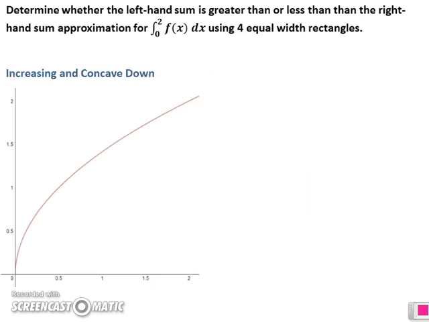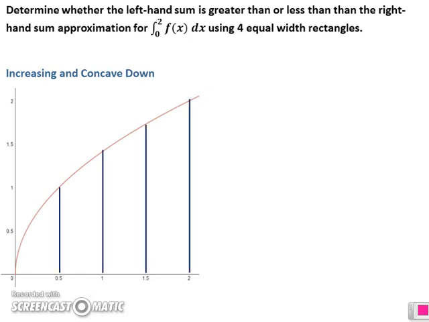Let's do another one. Another increasing, but concave down this time. Left-hand sum, we're going to use A, so it's going to be 0 again, and not B. That's another underestimate.